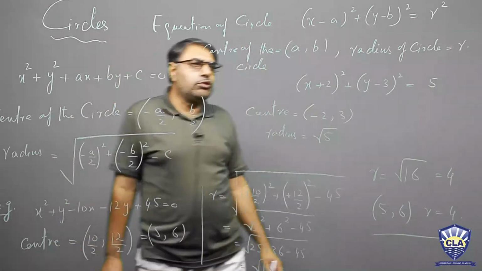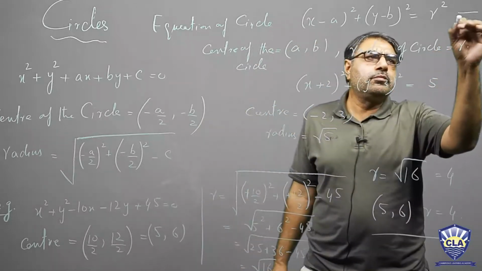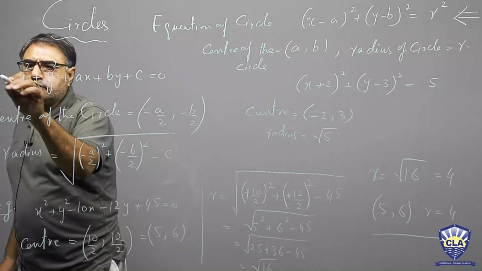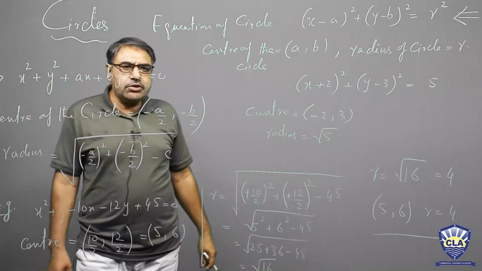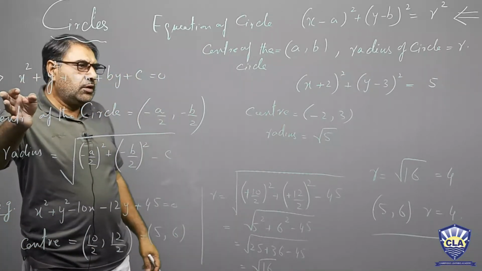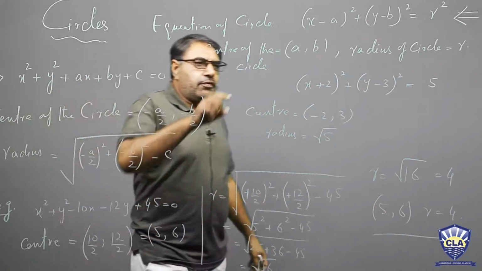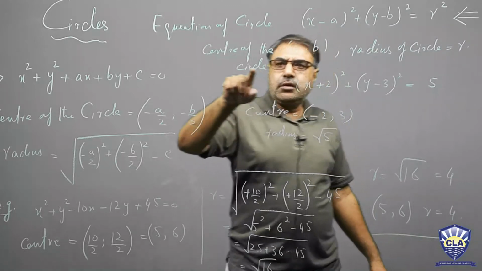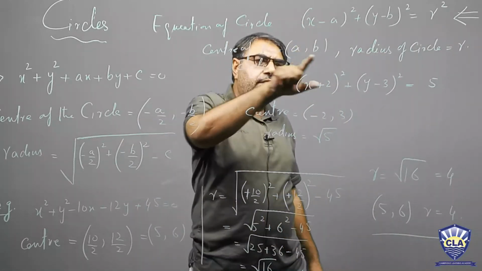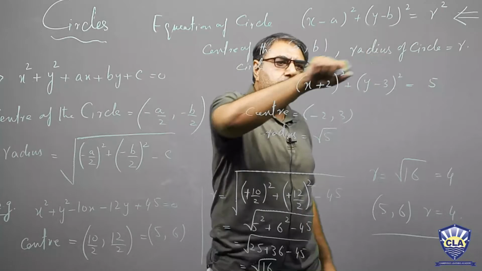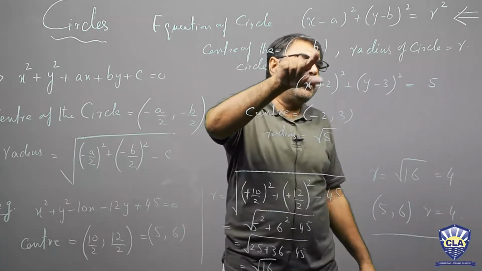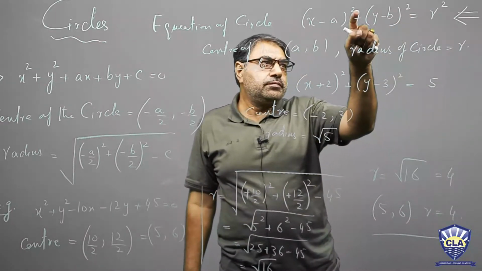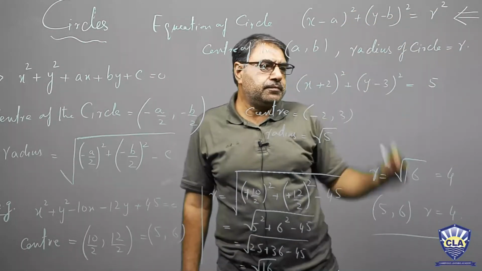So equation of circle will be given in this form or in this form. These are the two forms. If the equation of circle is given in this form, then center of the circle is a, change of sign, b, change of sign, and radius is r, keeping in mind the three squares should be present there.